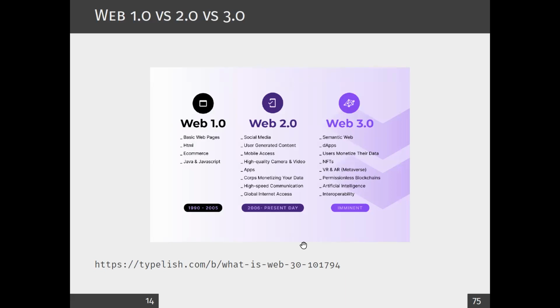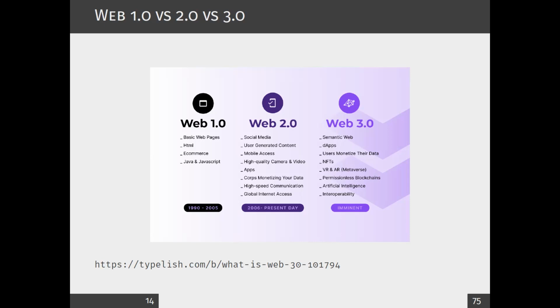Just a simple comparison between Web 1.0, 2.0, and 3.0. In the early days, we had basic pages, HTML, e-commerce, Java, and JavaScript. But in Web 2.0, we have social media and users able to generate their own content, mobile access, high quality camera and video, apps, corporations that can monetize your data, high-speed communication, and global internet access.